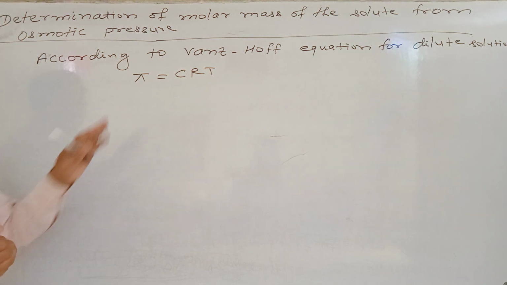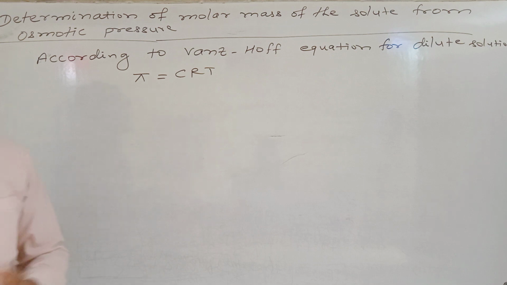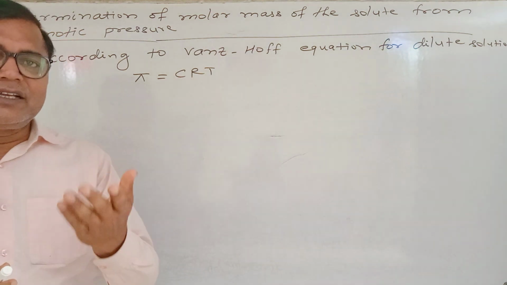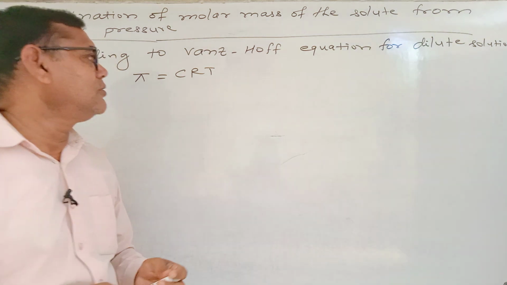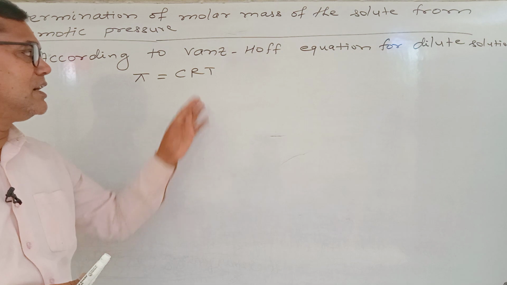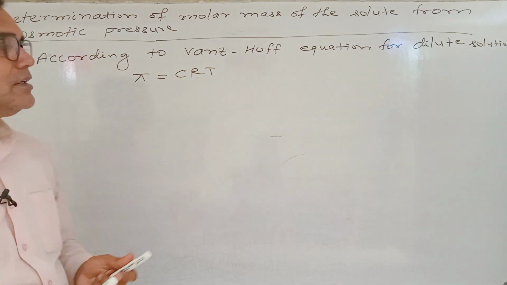Pi indicates osmotic pressure, C indicates concentration of the dilute solution, R indicates gas constant, and T indicates temperature.